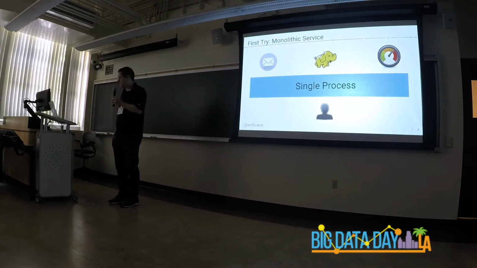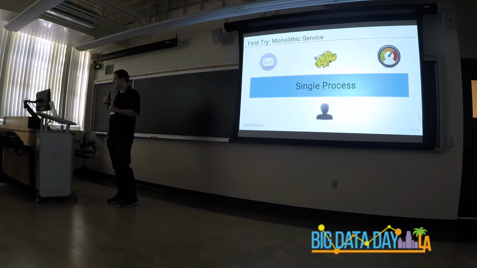So we talked to our engineers, and their first try was a monolithic service, which is basically everything in the same process on a single node. Our product managers identified three major requirements here. I know it would never be only three, but bear with me here. One is that we want this service to be able to send emails to people who request them, so your news story of the day.